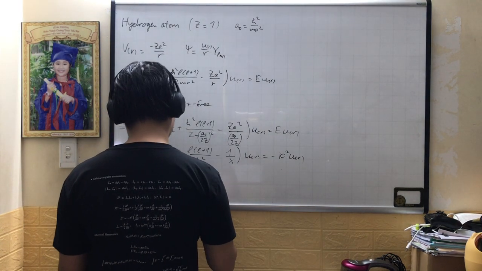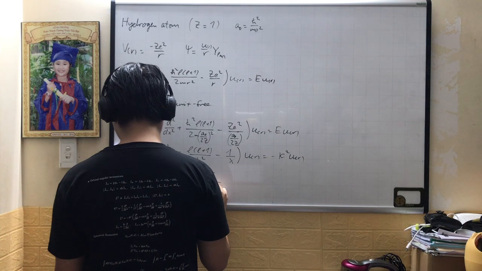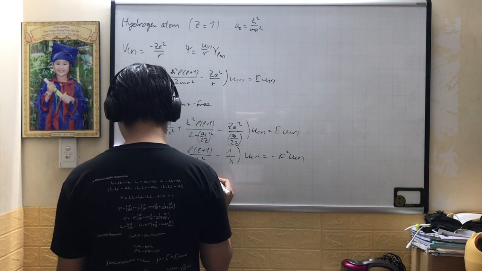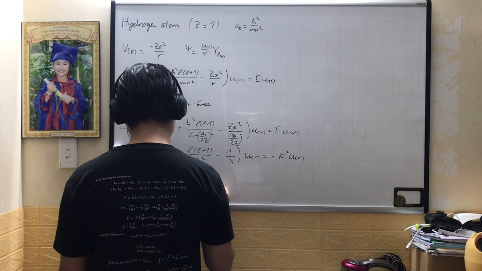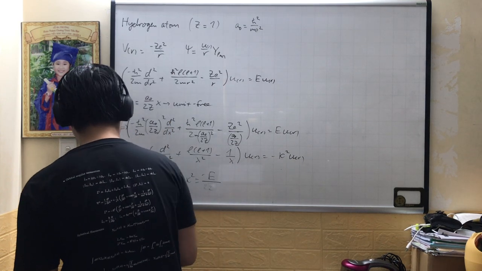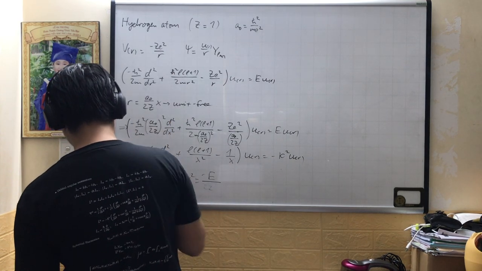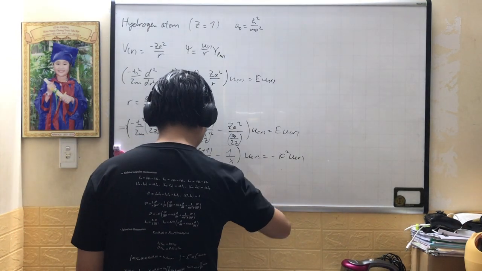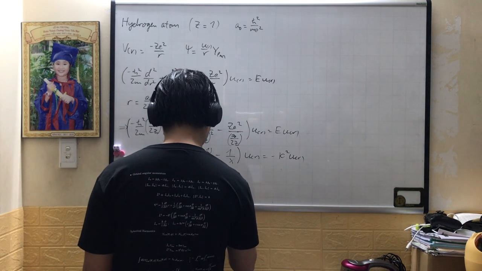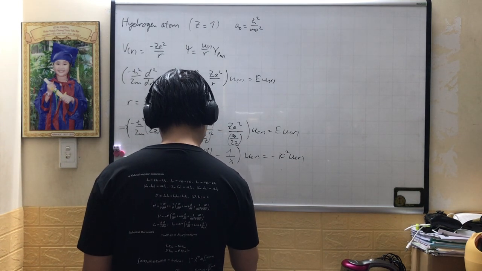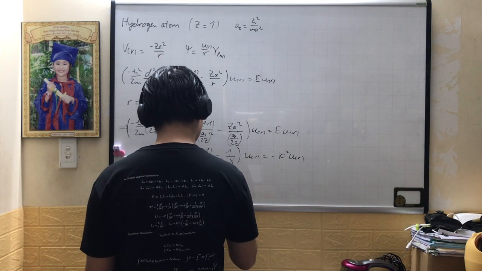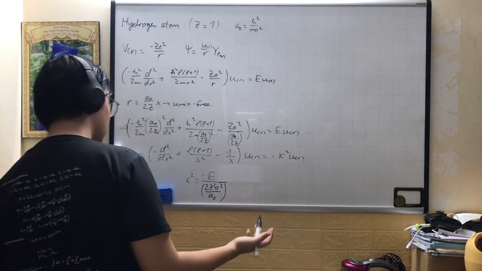So it is e minus e, what is it, 2Z squared e squared over a naught. Alright, so this is your kappa.